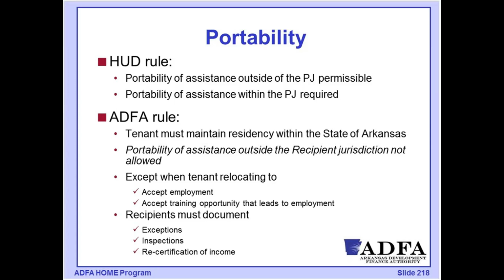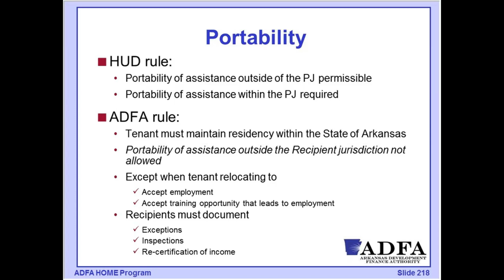So if we have a city that is running a tenant-based rental assistance program, they would be eligible to use this assistance within another unit within that city, but they could not move and take that assistance with them outside of that jurisdiction, except under the following circumstances.